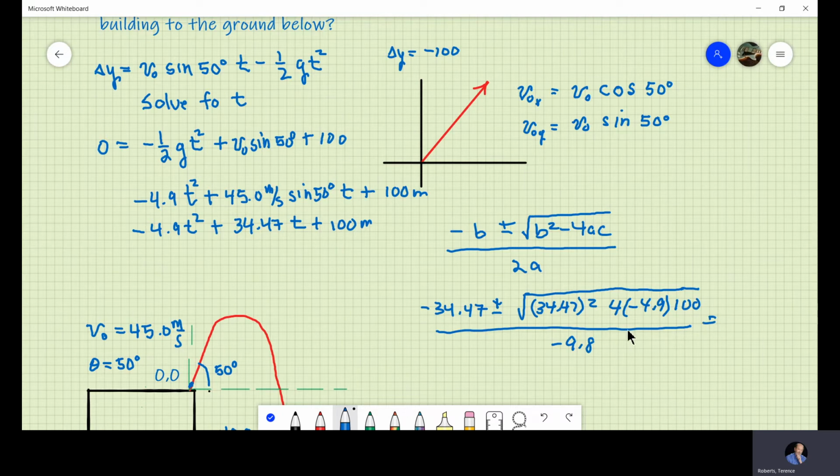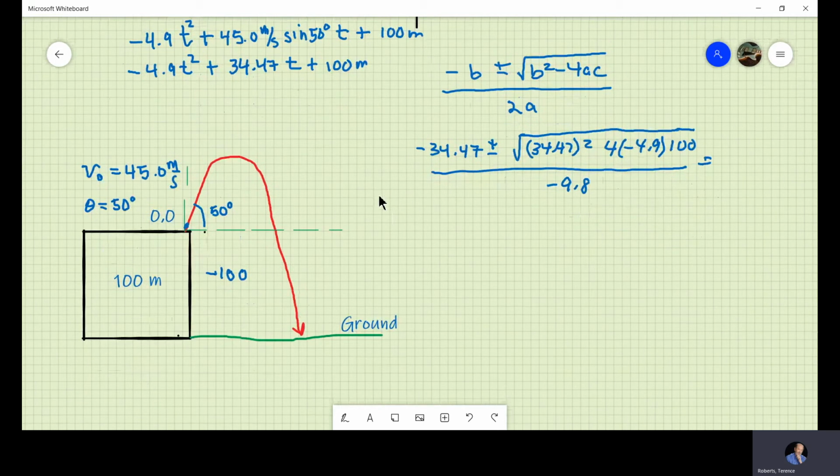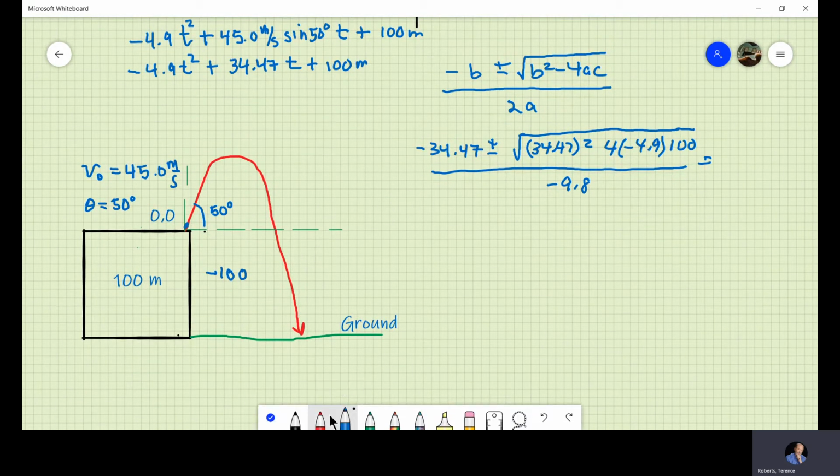Okay, so when you solve this problem, you're going to get two answers. One is going to be a negative number, negative 2.20, and then you're also going to get 9.24.